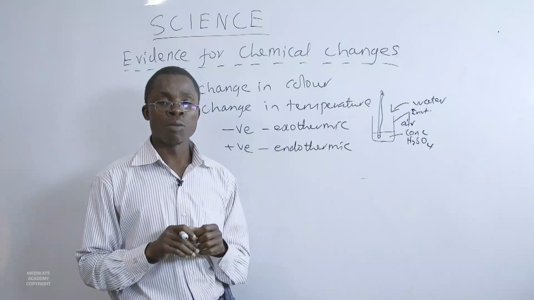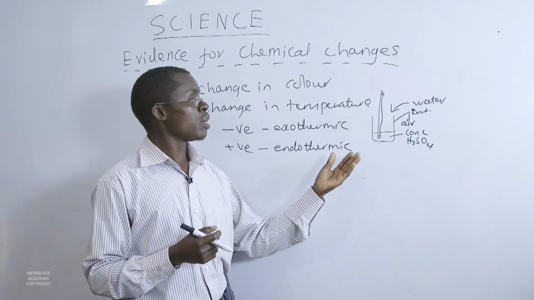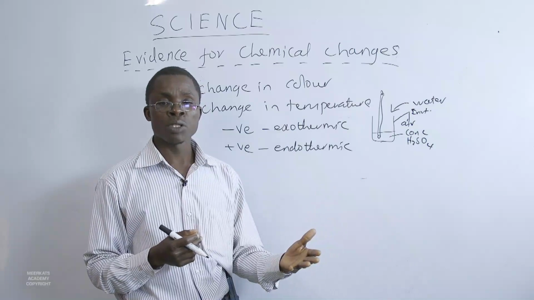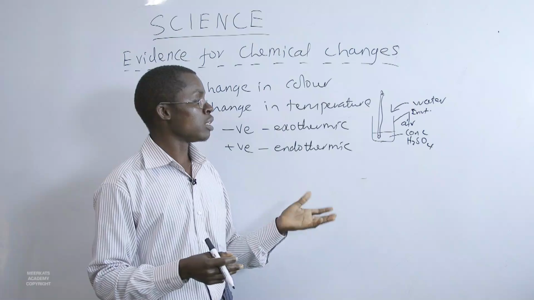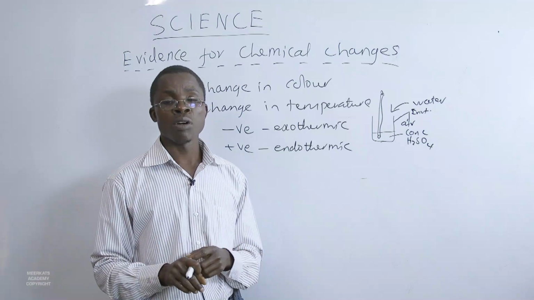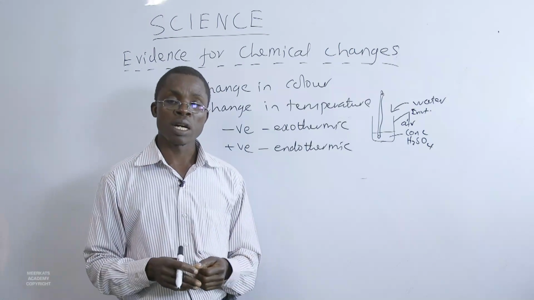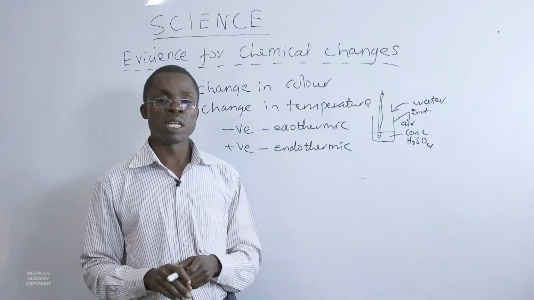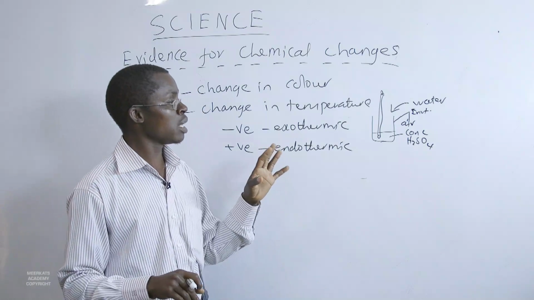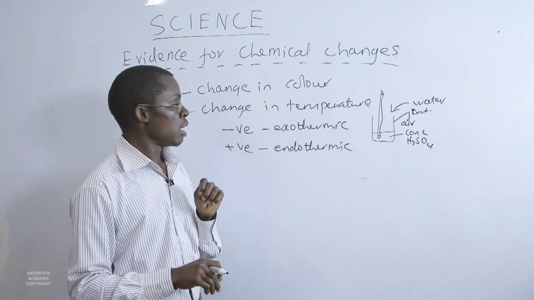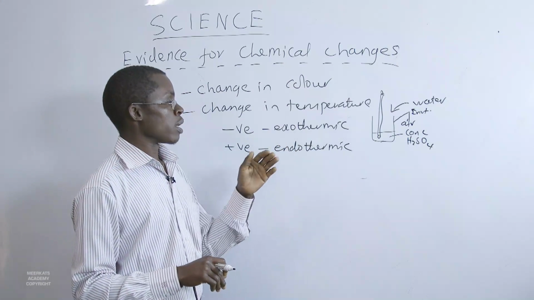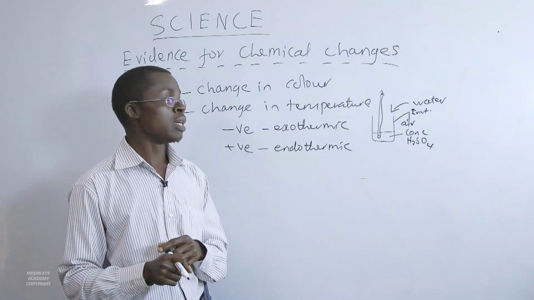You can use a thermometer that will read before addition of water, maybe the temperature was 20.0 degrees centigrade, and on addition of water, the temperature can go as high as even 110 degrees centigrade, because the reaction produces a lot of heat energy, raising the temperature to very high levels.